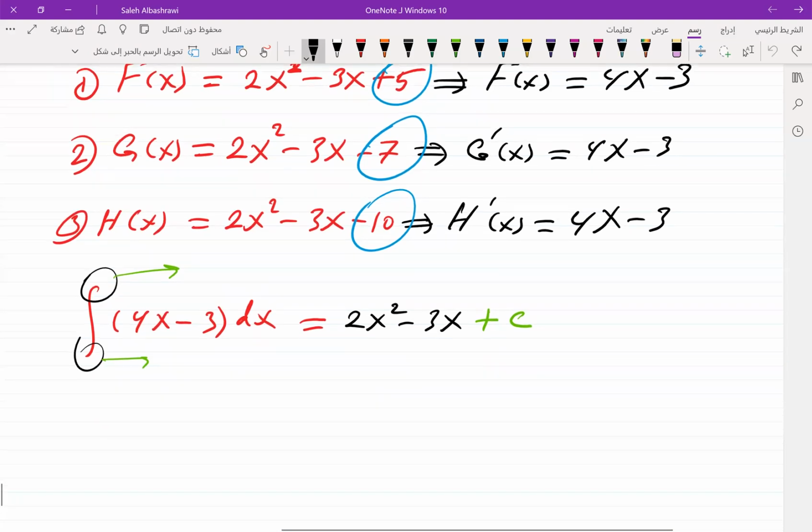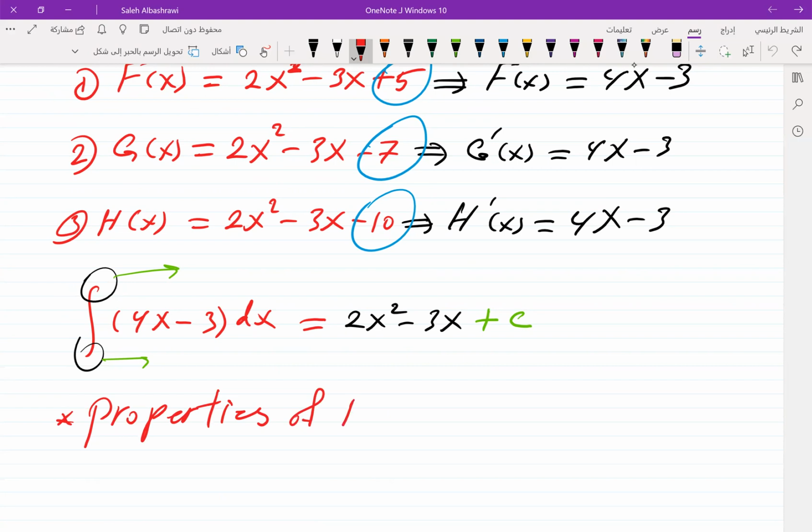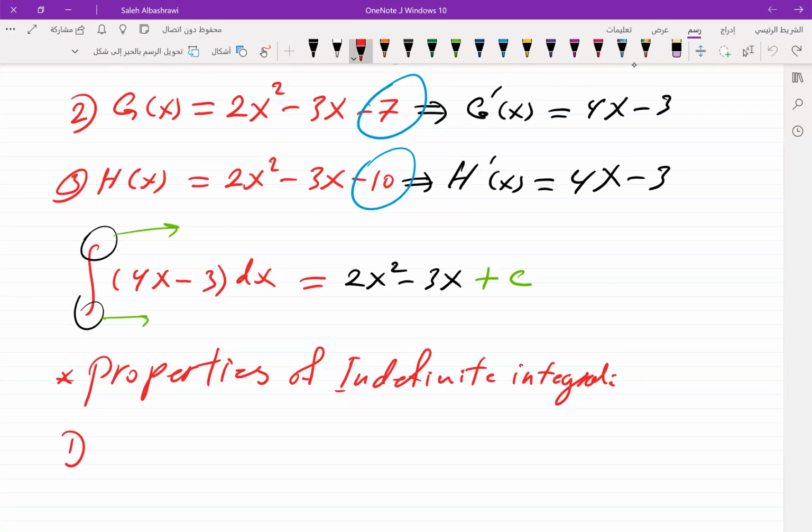Now for some properties of the indefinite integral. Number one, the integration of c multiplied by f of x dx is equal to c multiplied by the integration of the function.